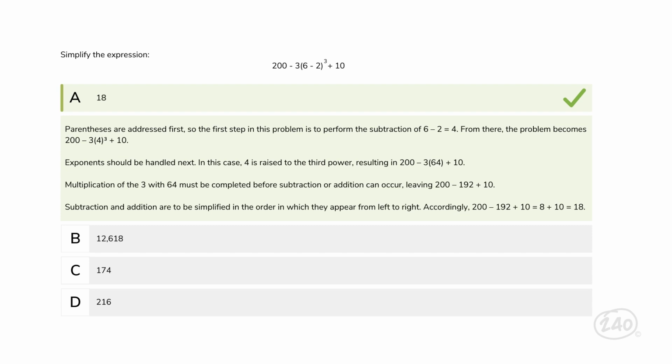Multiplication of the 3 with 64 must be completed before subtraction or addition can occur, leaving 200 minus 192 plus 10. Subtraction and addition are to be simplified in the order in which they appear from left to right. So, 200 minus 192 is 8. Add that to the 10 and we have 18. So choice A is correct.